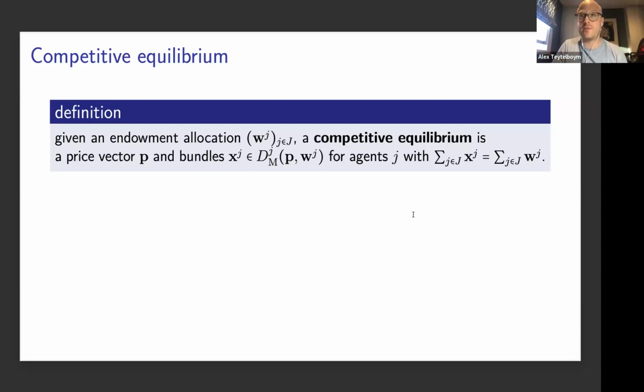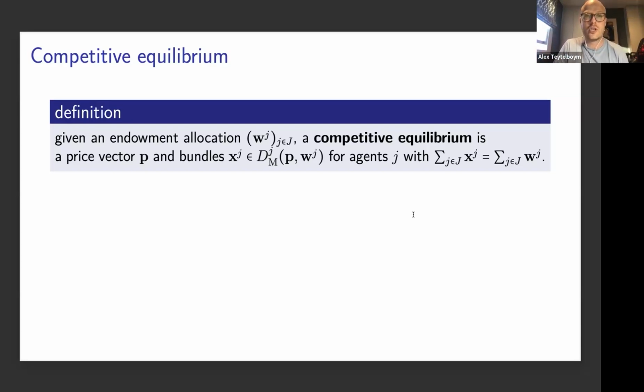So it's the same definition as Ravi had, except he didn't have a subscript M for Marshallian, and I do. In my case, of course, endowments are going to matter, and in Ravi's case, endowments didn't really matter at all, because all that agents care about is their valuation. Remember, quasi-linearity implies infinite ability to borrow. It doesn't really matter what your initial endowment is.